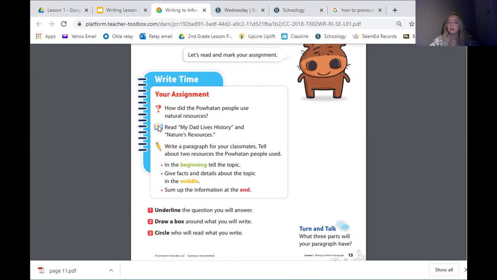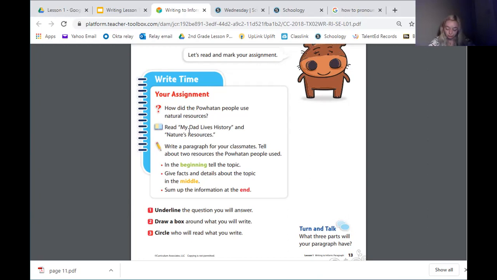So look at the book symbol and then whisper to your screen what resources you think we'll use. Okay, you might have said, My Dad Lives History and Nature's Resources. And you would be right. Those are the resources that we're going to use.